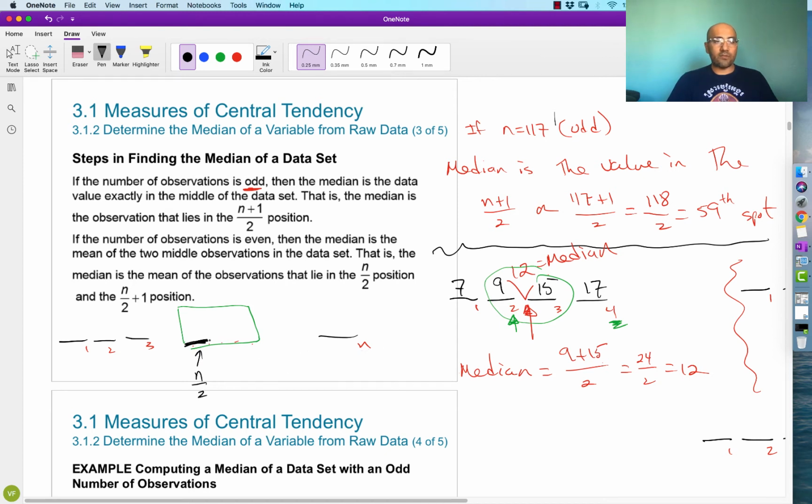Take that number and divide it by 2. That gets you to the first one. And the one right next to it is n divided by 2 plus 1. That tells you the number that belongs there. We take those two values, whatever they are, add them together and divide by 2. We want to find the mean of those two values. So that's what this set of instructions is telling us.